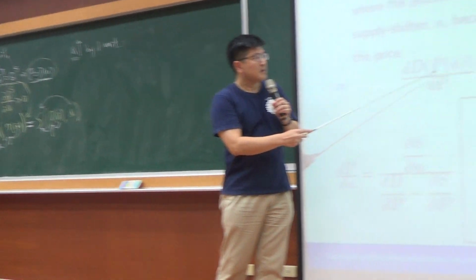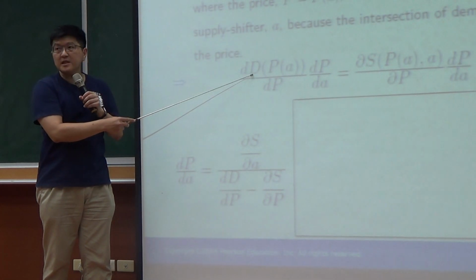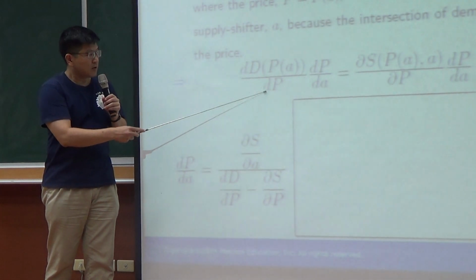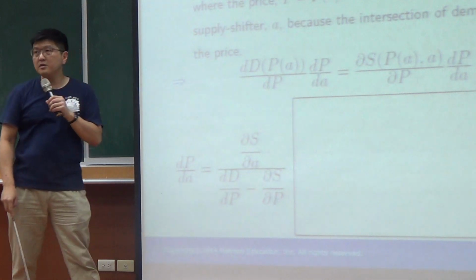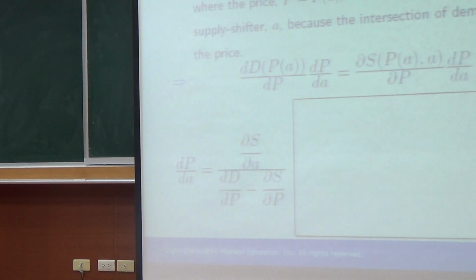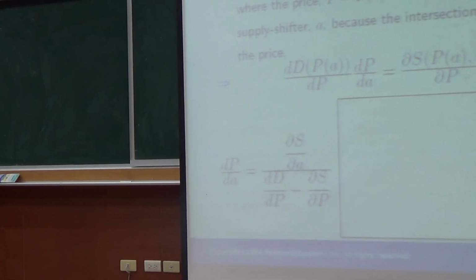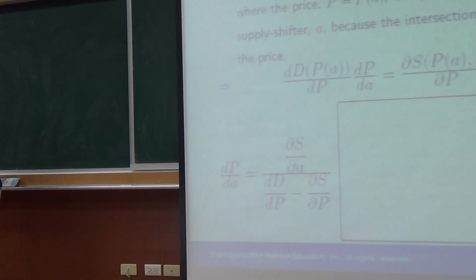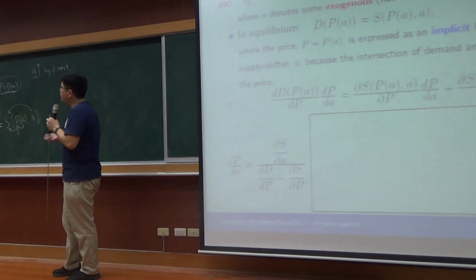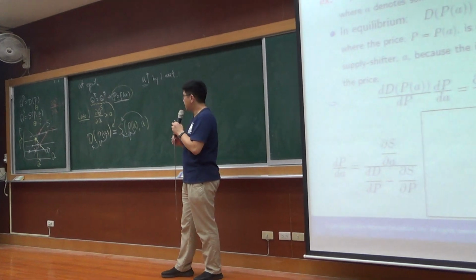And P affects D also, using D, because quantity demanded has only one argument, one independent variable in the demand function.